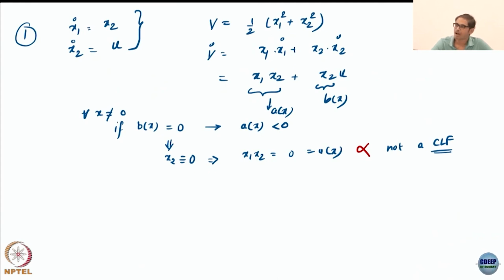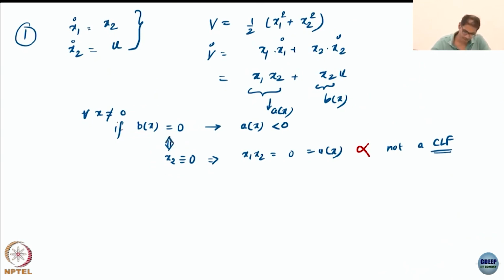You understand what we need? We need that whenever B of x is 0, the A has to be strictly negative for all non-zero x. So when is B 0? When x2 is 0. The only way for B to be 0 is x2 equal to 0, in fact if and only if.